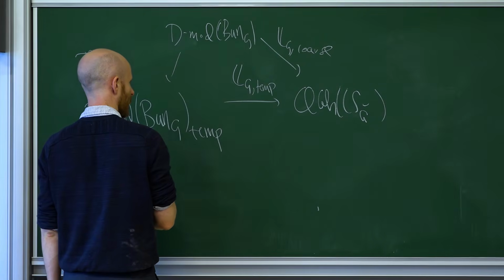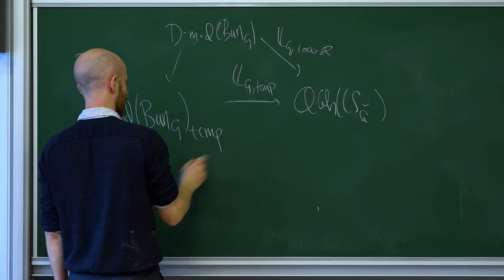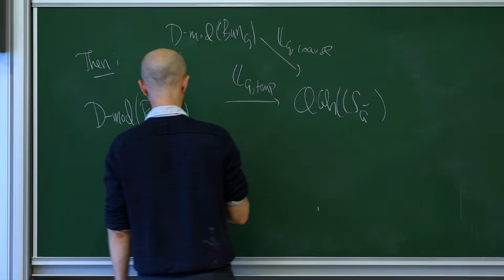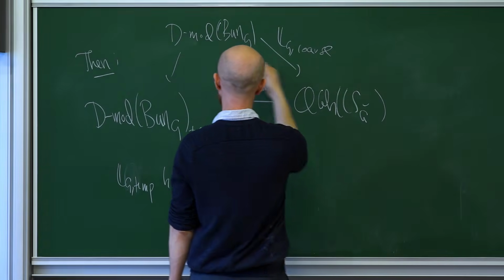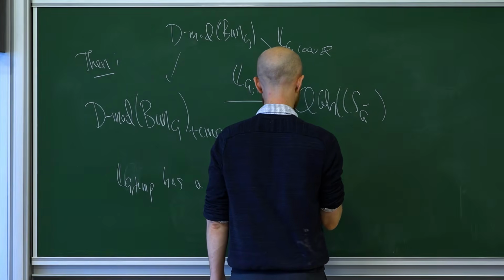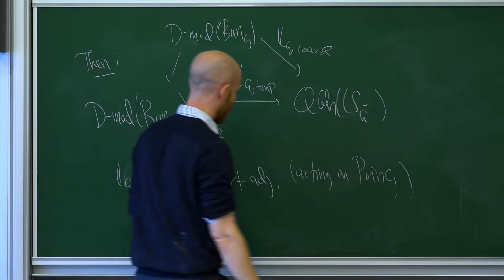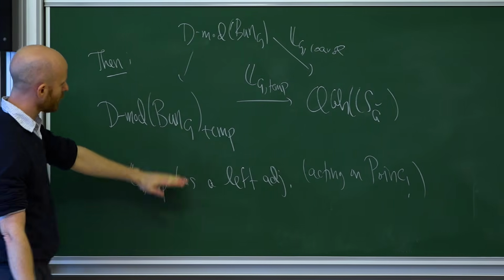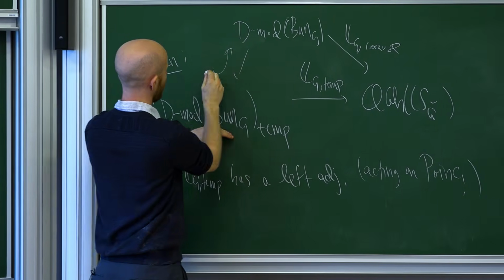What do I want to say? So this L_G temp has a left adjoint, which is again acting on this Poincare shriek, which I should emphasize, the reason this works is because the Poincare sheaf is tempered, if I think of this as a subcategory.